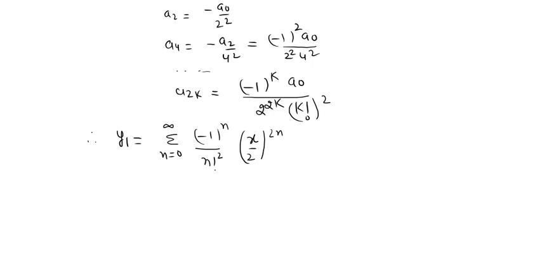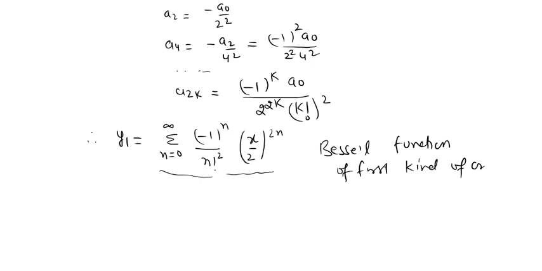Okay, and this function is called Bessel's function of first kind of order 0, and it is denoted by J0(x).